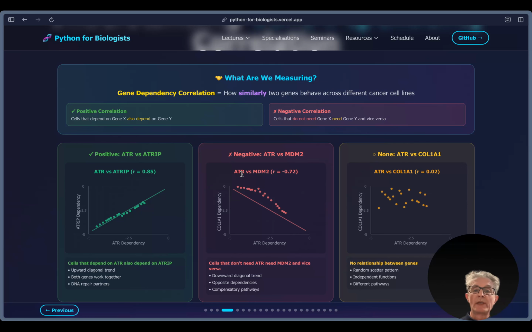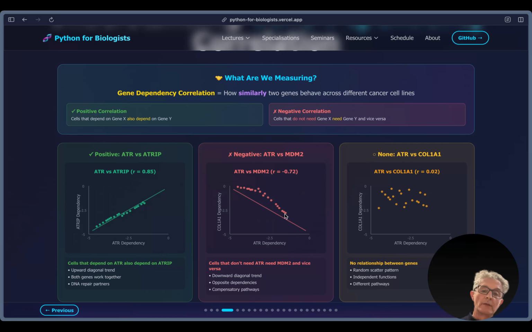There's also the possibility that you have negative correlation, which is slightly more complicated to interpret, but it also tells you that something interesting is going on. So if, for example, this gene is not dependent on ATR, but it is very dependent on ATR, so it's here on the left, in the high dependency region for ATR, but it's not at all essential for this gene here, MDM2.